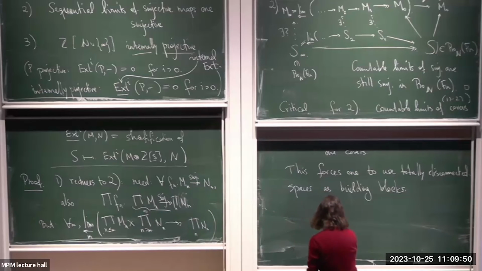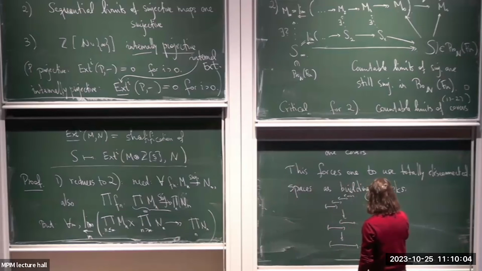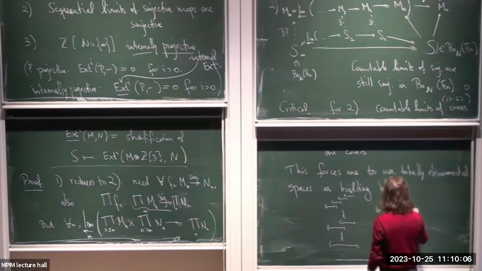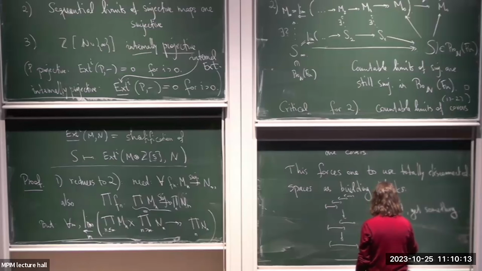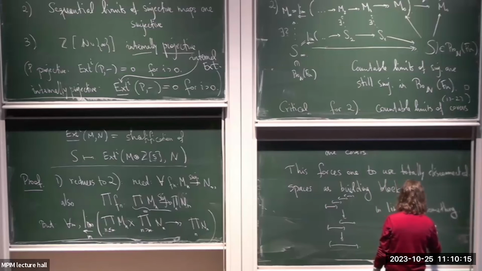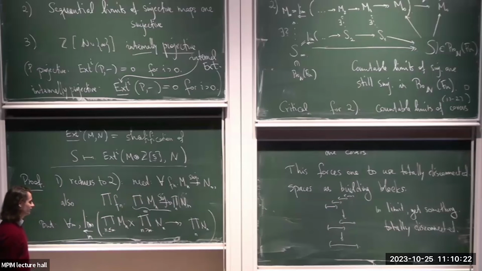So even if you start with some nice space like an interval, and cover this by 1 interval and another interval, and then cover it by smaller intervals, in the limit we get something totally disconnected. And of course, the limit doesn't have any reasonable sense of a smooth structure anymore.